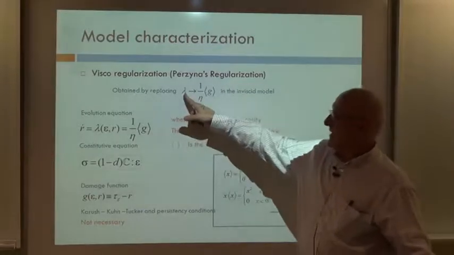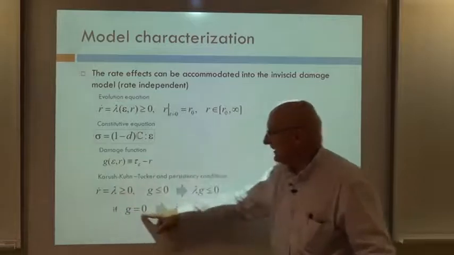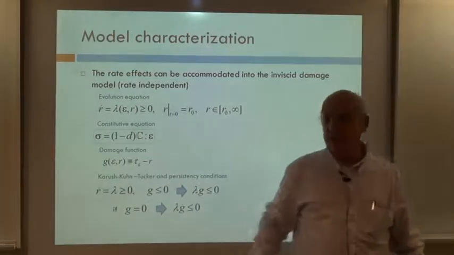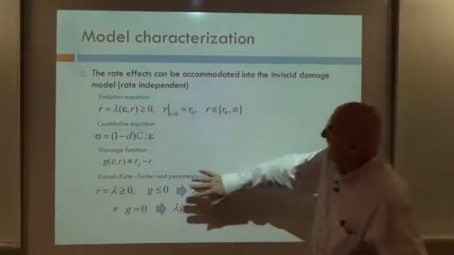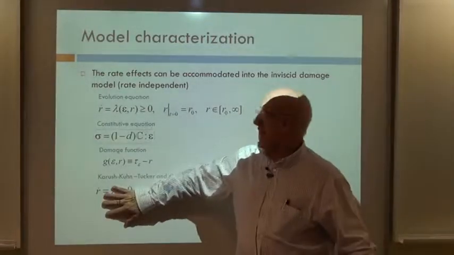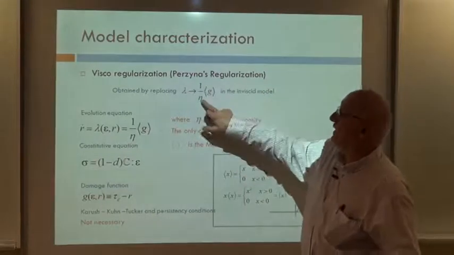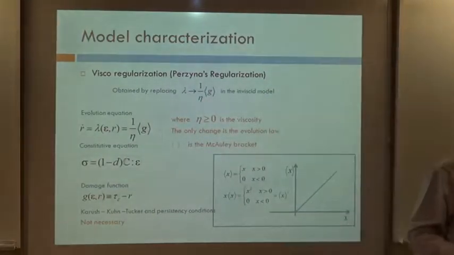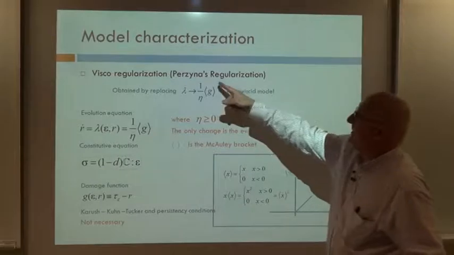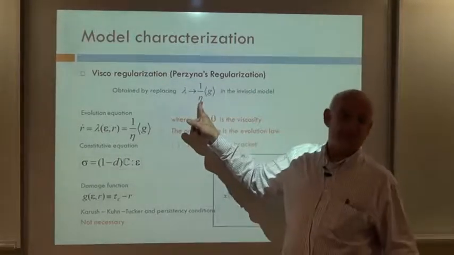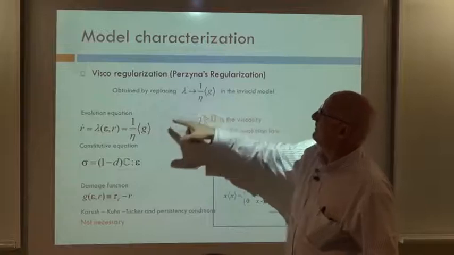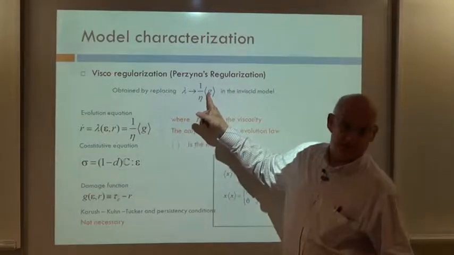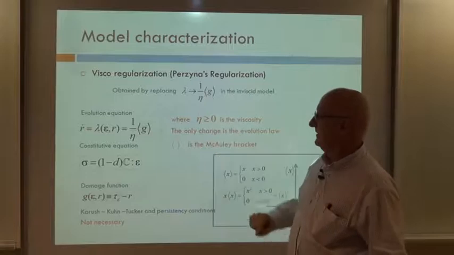Just that. Instead of solving lambda through the Karush-Kuhn-Tucker conditions, we forget this part here, and we define lambda in that way: 1 over eta, which is now a viscosity, times the Macaulay bracket of the damage function, G. Only that.